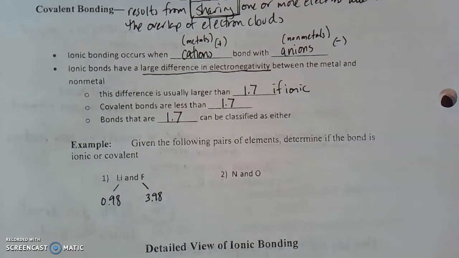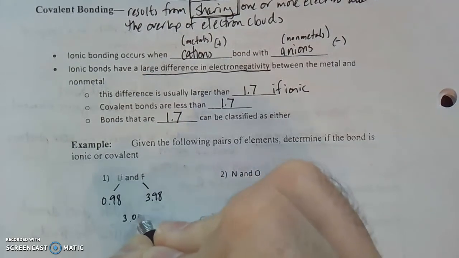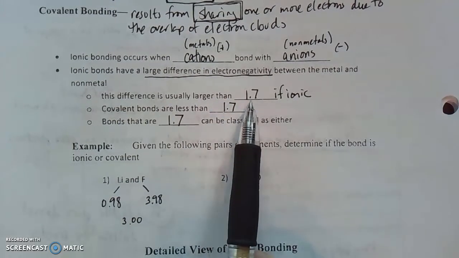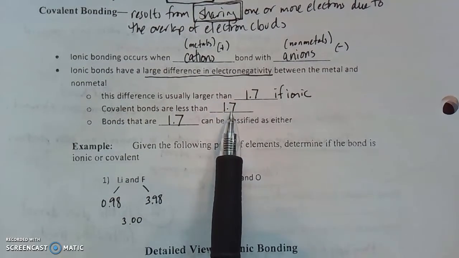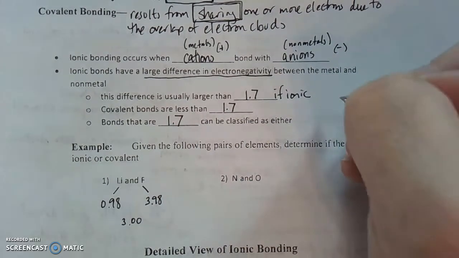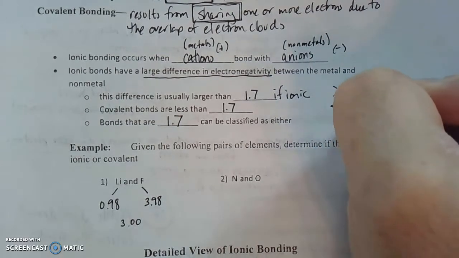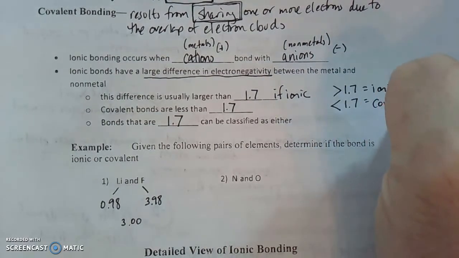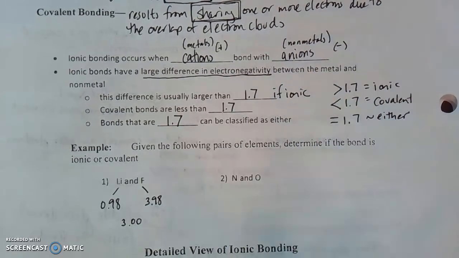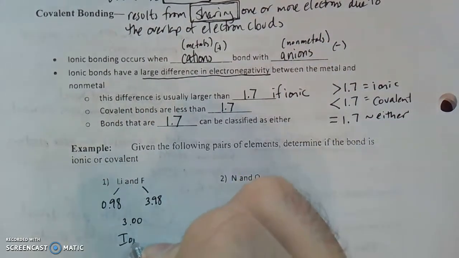If we take their difference, it's 3.00. We look to see: is it greater than 1.7, less than 1.7, or 1.7? Those are our three choices. Greater than 1.7 is ionic, less than 1.7 is covalent, equal to 1.7 can be either. This one is obviously greater than 1.7, so this will be an ionic compound.